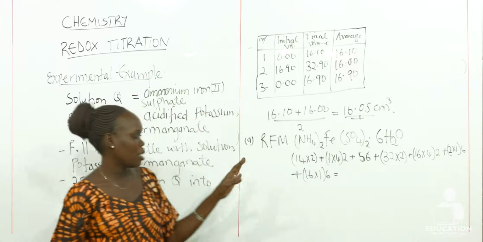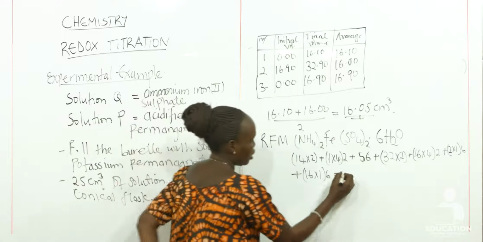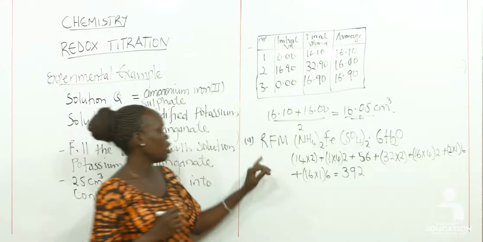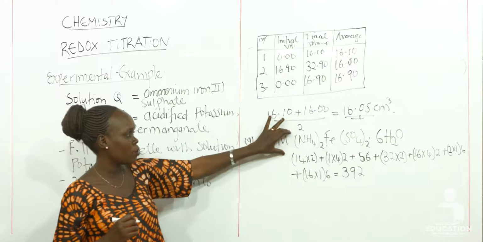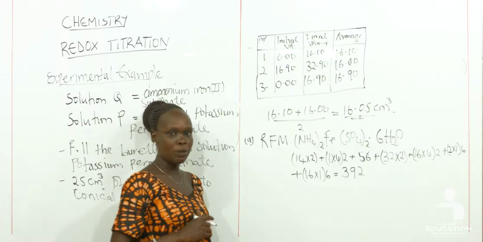So when we add up all these values, we shall have 392 as the relative formula mass of the compound ammonium iron(II) sulfate hydrated.